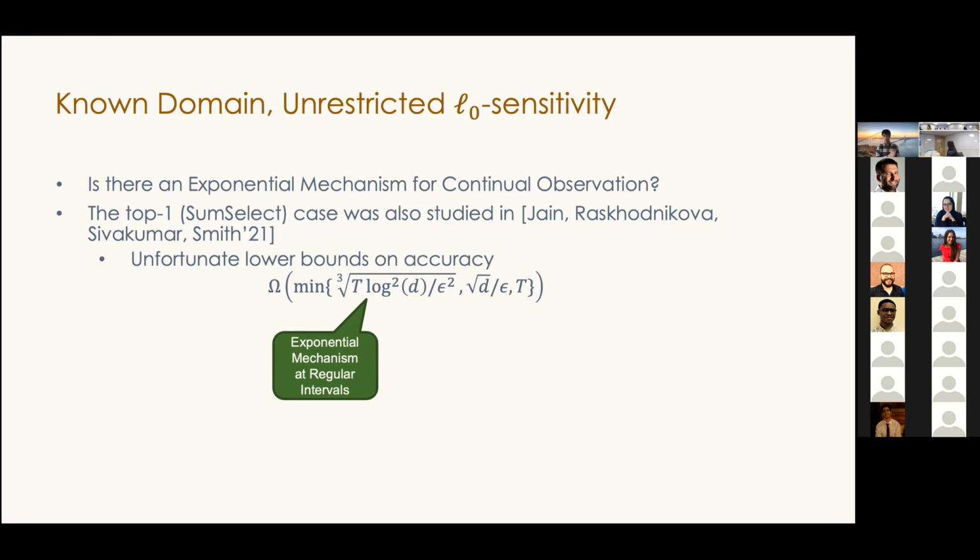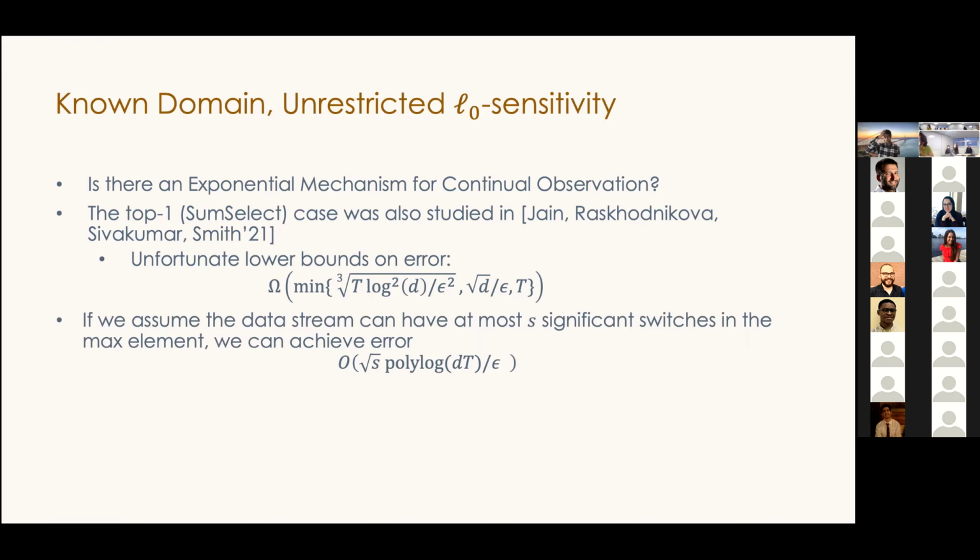You find the top one, use that same one for a certain number of rounds, and after a certain amount of time, you rerun the exponential mechanism. The other term in this lower bound is essentially just using the binary mechanism. You know all the domain elements, and even though I'm returning top one, I'm still going to have to pay, since you can modify them. So you're just applying the binary mechanism. And this kind of sucks, like you wish there was something better to do.